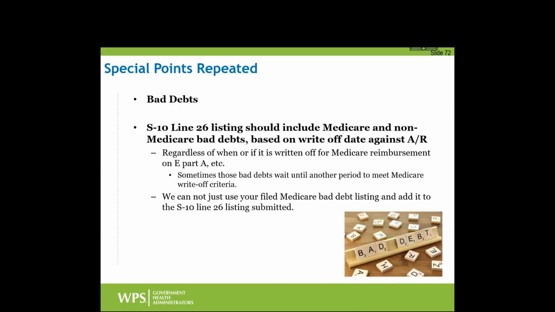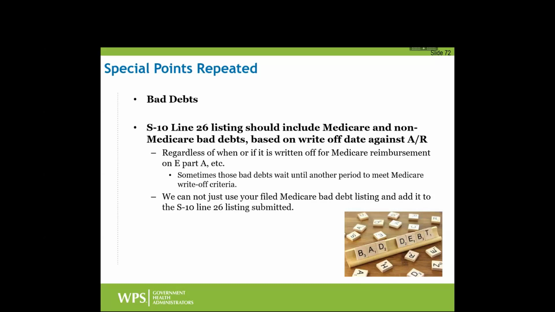Bad debts, I think we've already talked about. Oh, there's one additional point I want to make here, though. I already explained the potential timing difference between when a Medicare claim could be included in the total bad debt listing versus when it's allowable as a Medicare bad debt.